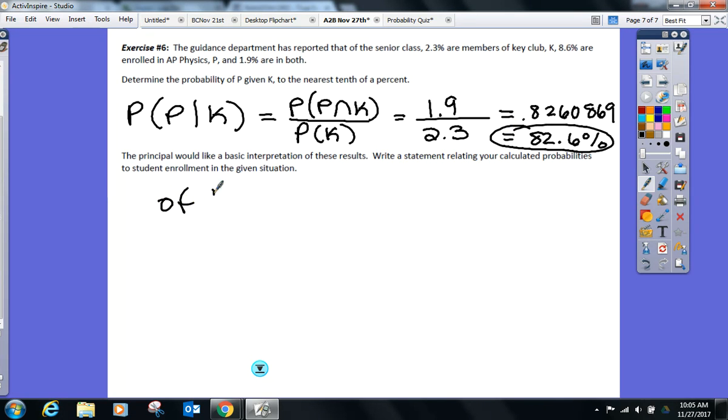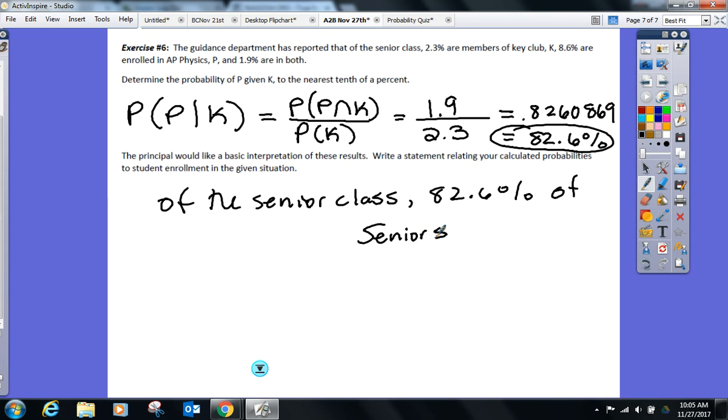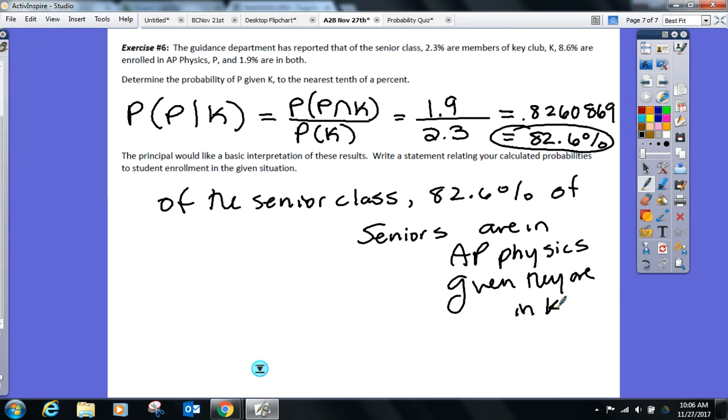Of the senior class, what did we just find? 82.6% are in AP Physics given they're in Key Club. Physics given they're in Key Club.